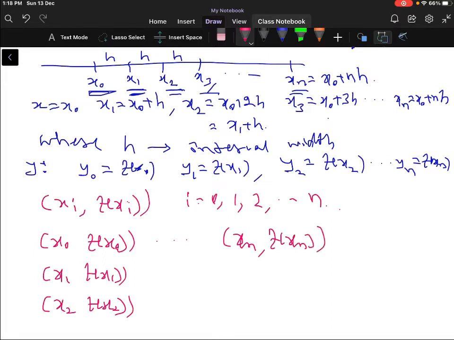So these are the tabular points of the function y is equal to f of x, where x0, x1, x2, and so on up to xn are equally spaced values of x, where h is the difference between two consecutive values of x.